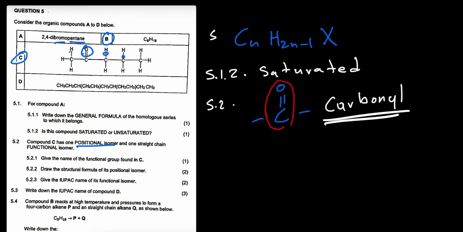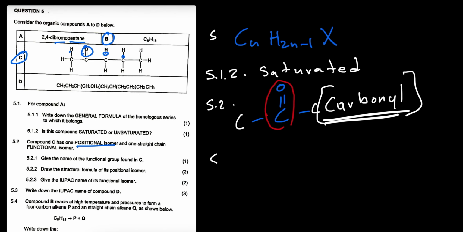You should be able to name all these functional groups. Please try to memorize all the names of the functional groups if possible. Because I see we have a double bond oxygen, and then the other carbon is bonded to other carbons. That is why we name it carbonyl.